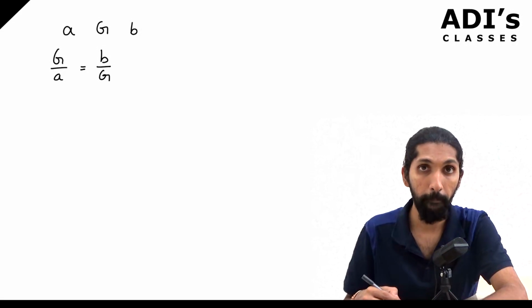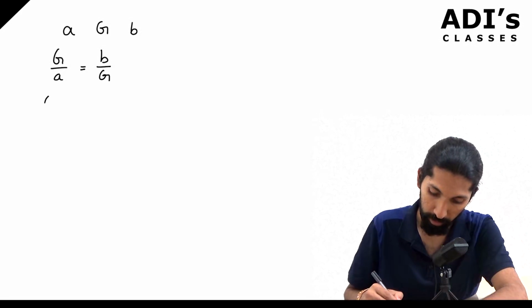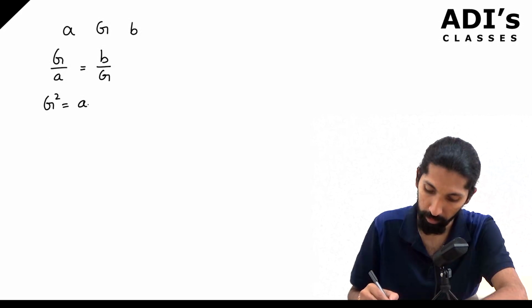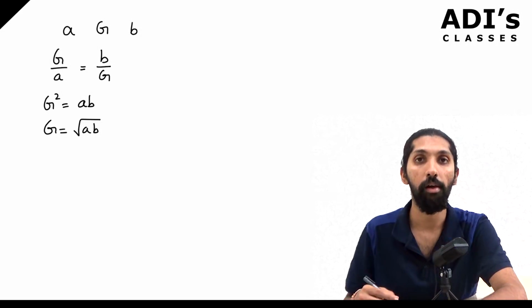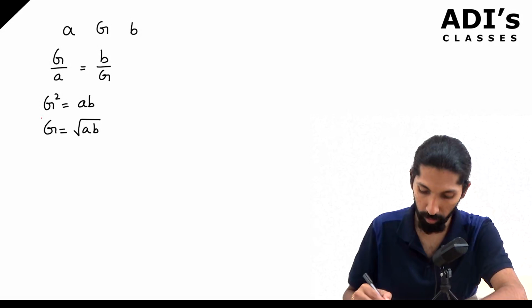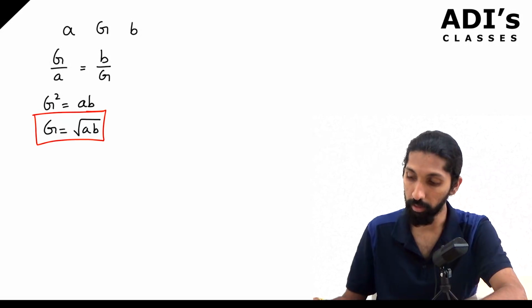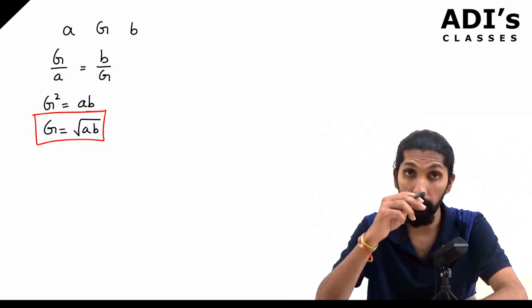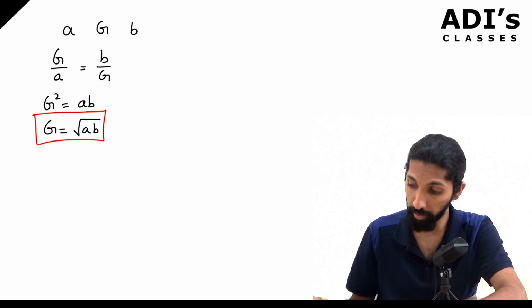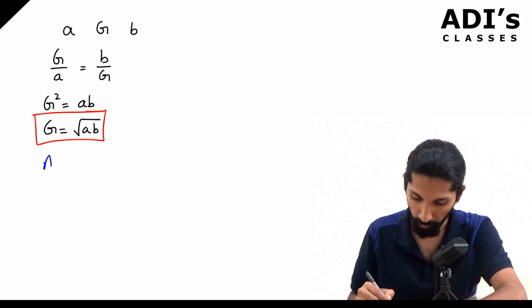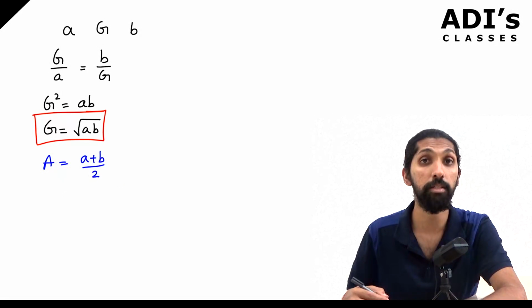Common ratio, right? Cross multiply: g square is equal to ab. So g is equal to root of ab. The geometric mean is root ab. What was the arithmetic mean? The arithmetic mean was a plus b divided by 2, correct? This is the arithmetic mean.